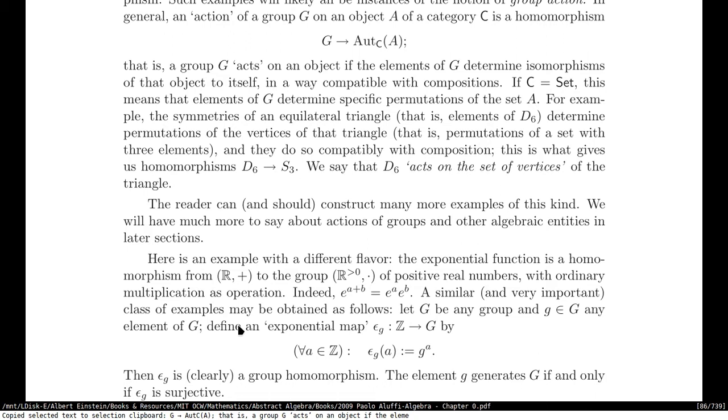I think Aluffi mentions this, that he's choosing to represent this this way, but not all authors do that. When I was taught this in university, they used the other notation. So this would be D3, D3 in the geometric sense. Yeah, so symmetries of a triangle is D3, but in here is D6, right?